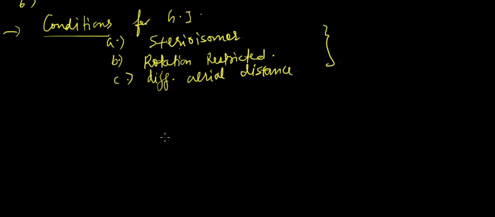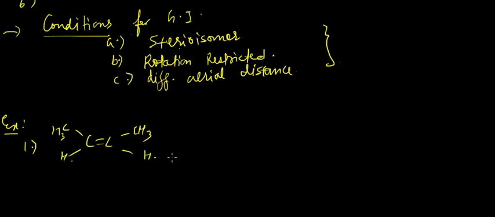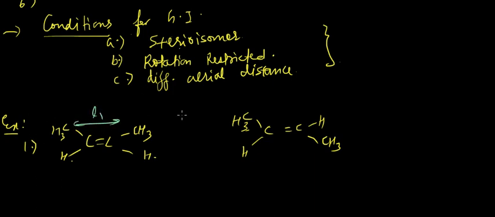Let us take this with the help of an example. If we have this double bond, then you can see the areal distance. Let me make the second example also, the geometrical isomer counterpart of it. So this was the areal distance L1 in the first compound, and this is L2 in the second compound.